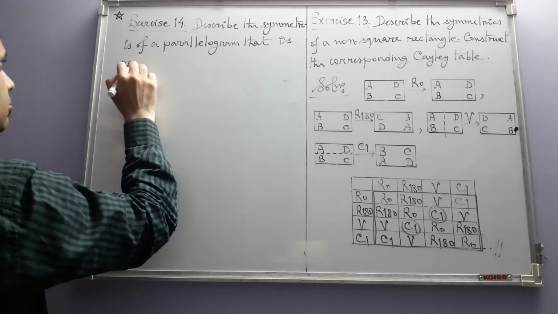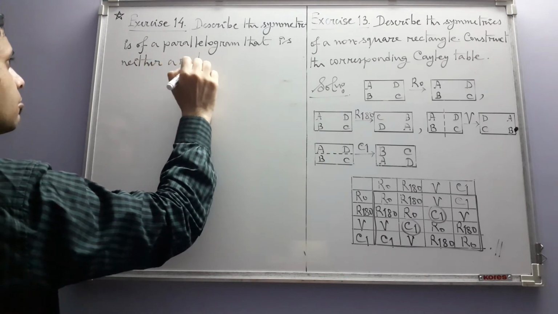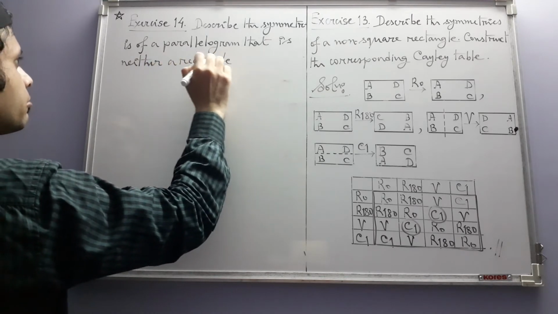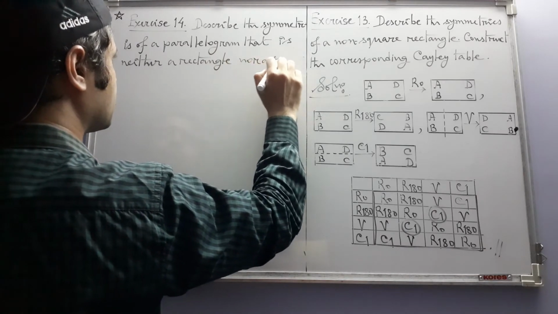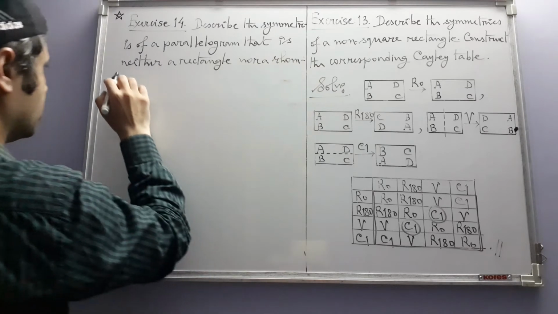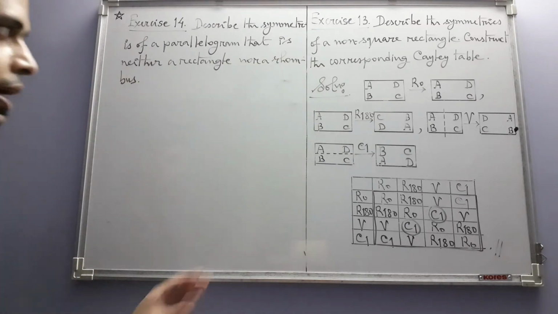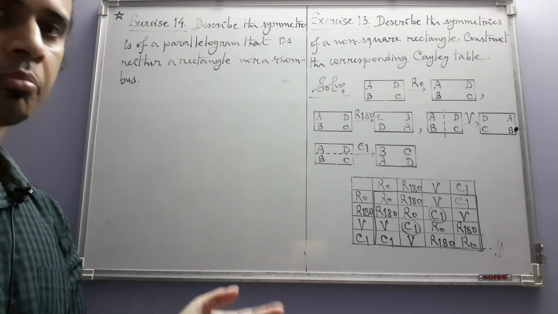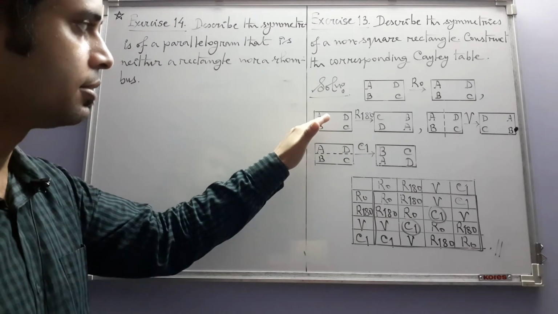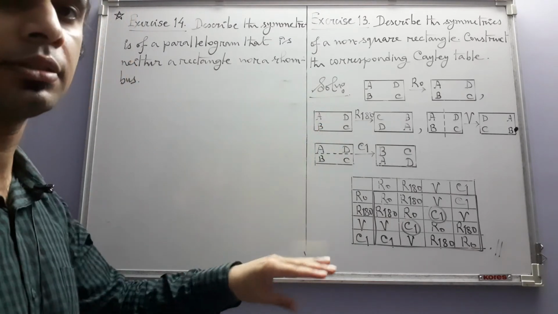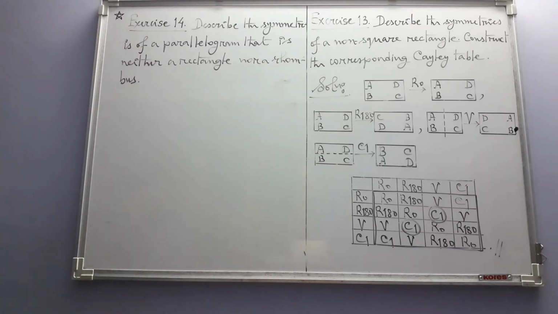That is neither a rectangle nor a rhombus. Okay, so that will actually be obtained by applying a shear force to this rectangle to bend its sides, so that you get a parallelogram.